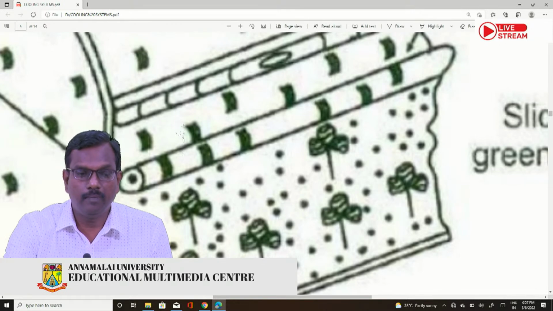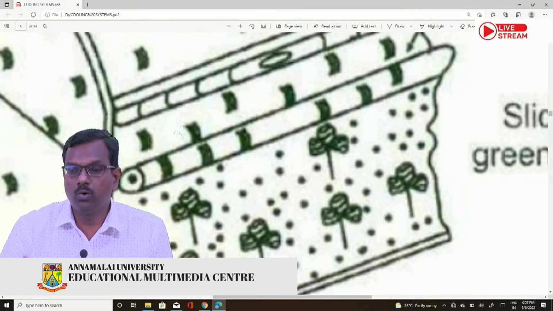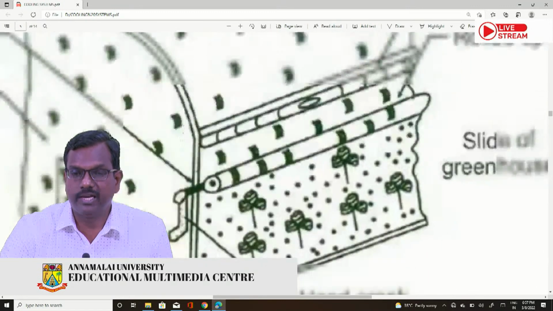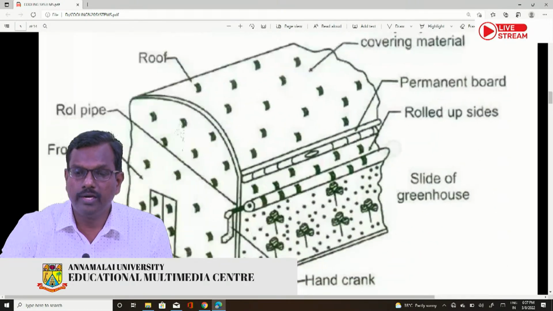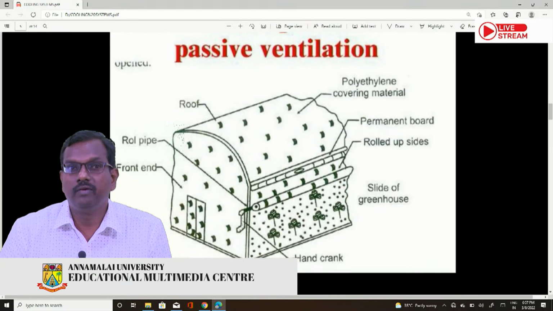So by moving up this roller, we can close the side or we can open the sides. So whenever more heat is built up inside the greenhouse, we have to open up the side ventilation, and whenever cool temperatures prevail in the outside environment, we have to close the sides. So this is called the roll-up side ventilation.